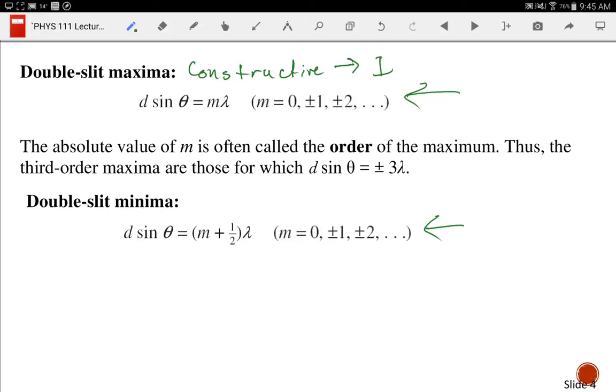And this one here is destructive. What causes it to be destructive? Out of phase. So we're able to derive these equations by using geometry and the definitions for constructive interference when it's in phase, destructive interference when it's out of phase.